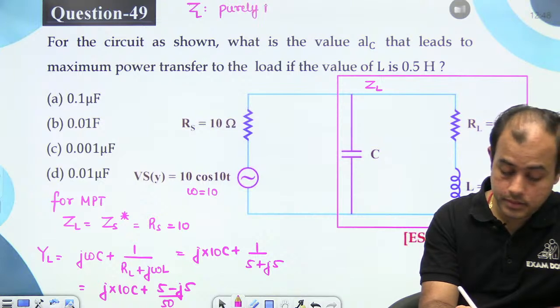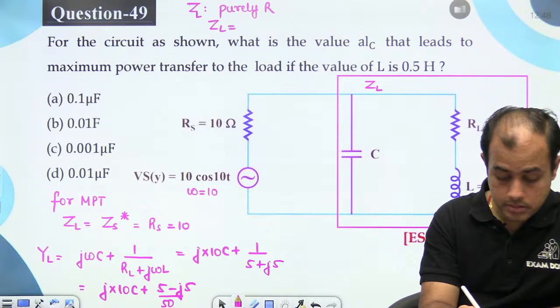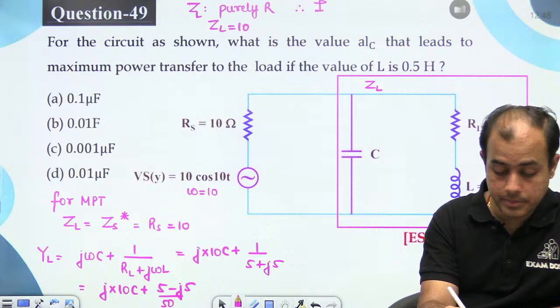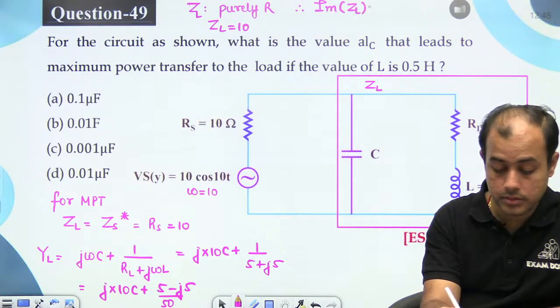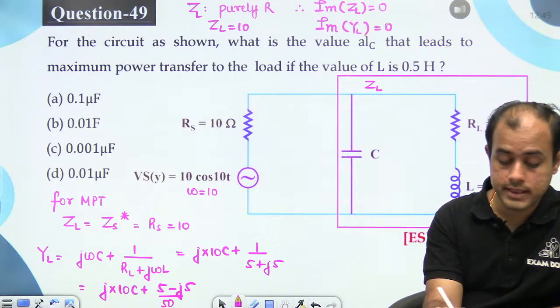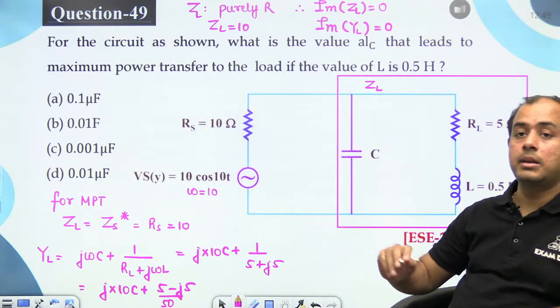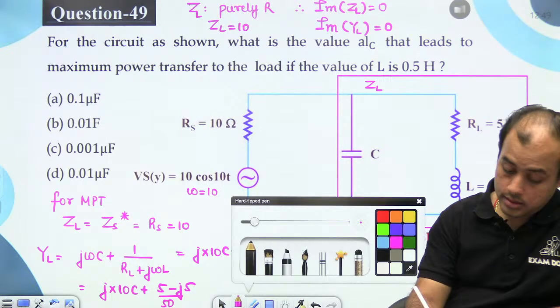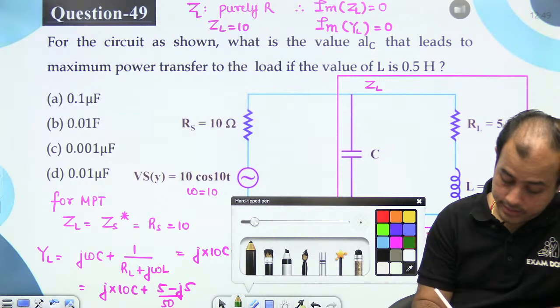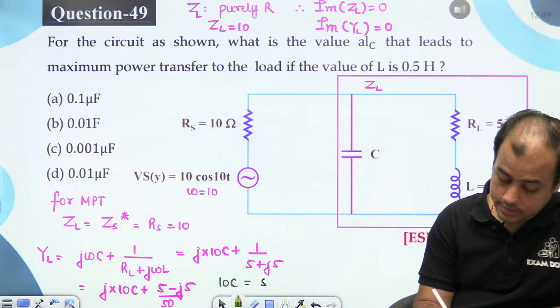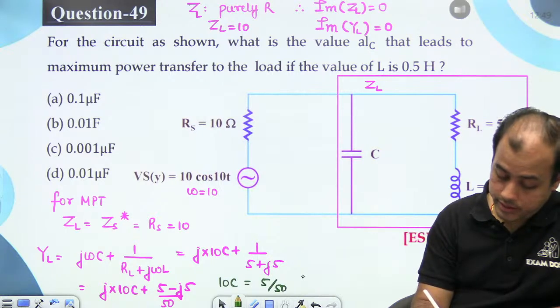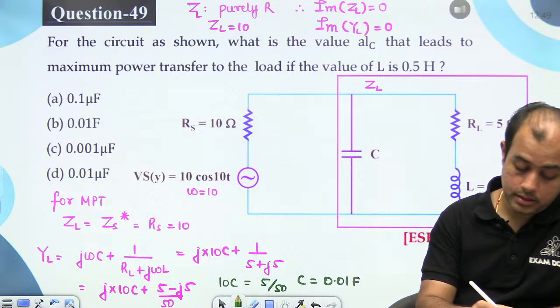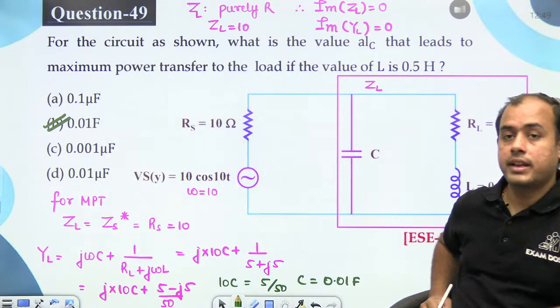Therefore, imaginary part of impedance must be 0 or imaginary part of admittance must be 0. सोर्स एकदम प्योरली रेजिस्टिव है ना, तो ZL भी रेजिस्टिव आएगा. तो बेसिकली व्हाट आई कैन से 10C is equal to 5 by 50. तो C equal to 0.01 farad. C is 0.01 farad. खत्म.